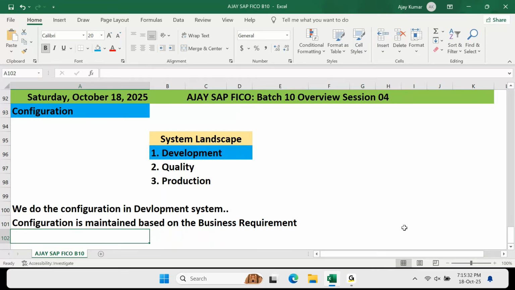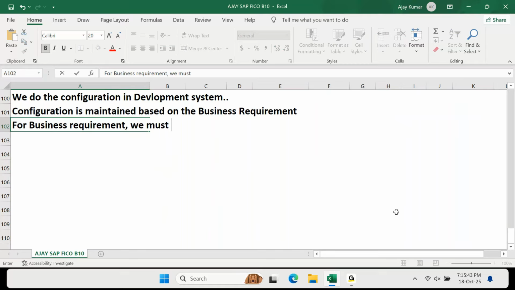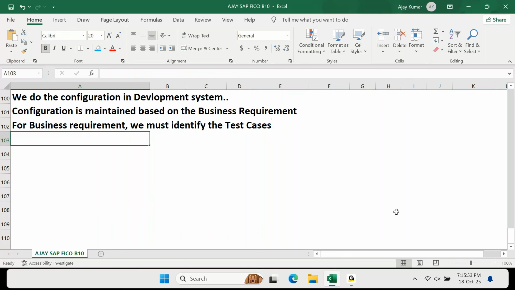Once these two points are clear, next we need to understand that for every business requirement, we must identify the test cases. For every business process, for every business requirement, you will be requiring test cases.